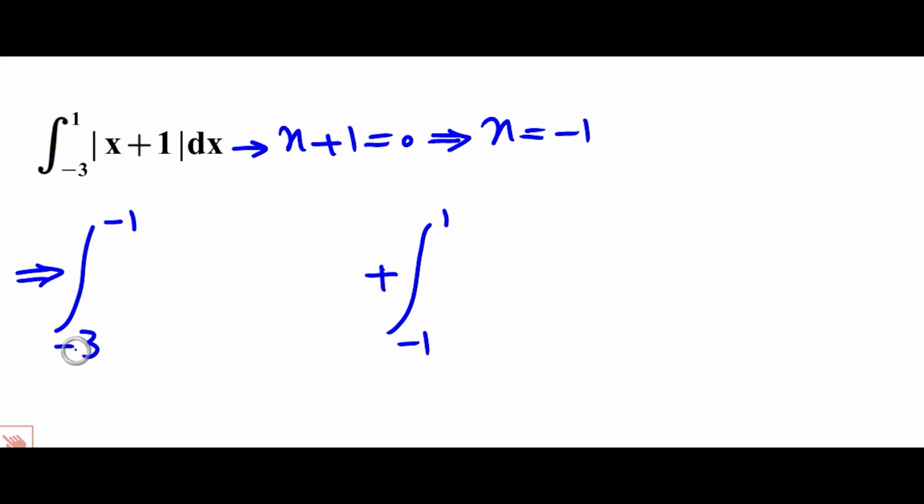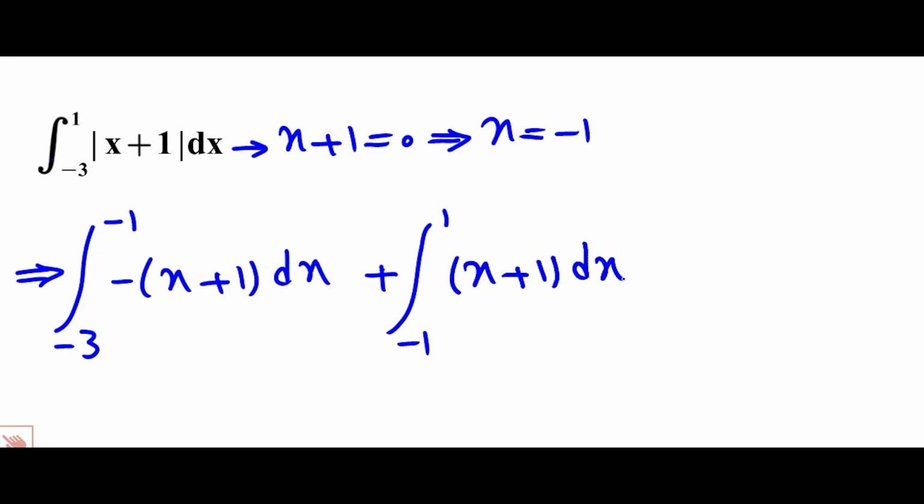If x is between -3 to -1, so the absolute value of x plus 1 is -x plus 1 dx, and if x is between -1 to 1, for example, x is 0, so 0 plus 1 is positive, so we have x plus 1 dx.